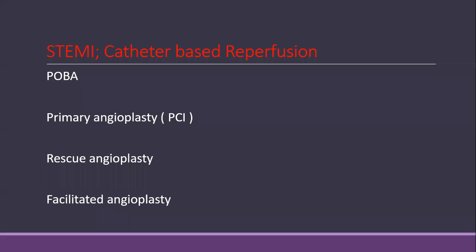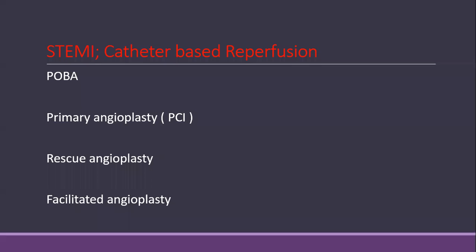So primary angioplasty means when a patient presents with ST elevation myocardial infarction and you do coronary intervention. Here coronary intervention means you do the angioplasty with different equipment. Apart from the balloon, you have a stent.